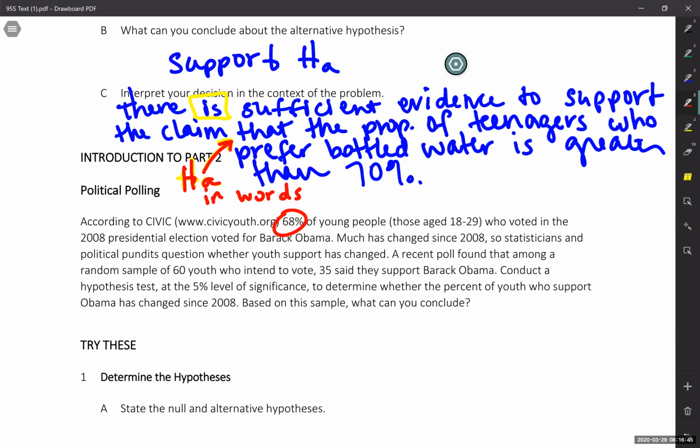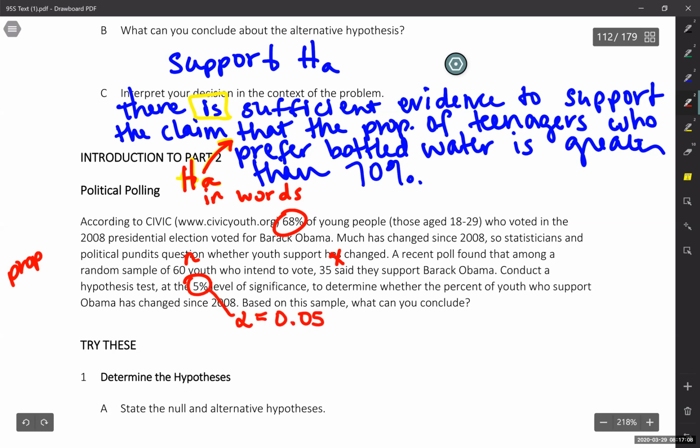And as you read through the problem, it gives you the number of people that were a success, in this case, meaning supporting Barack Obama. And so this is definitely a proportion problem. And while we're labeling things, we have our alpha right there as well. As you've seen, there are examples where alpha is different than 0.05, but very frequently it is 0.05.